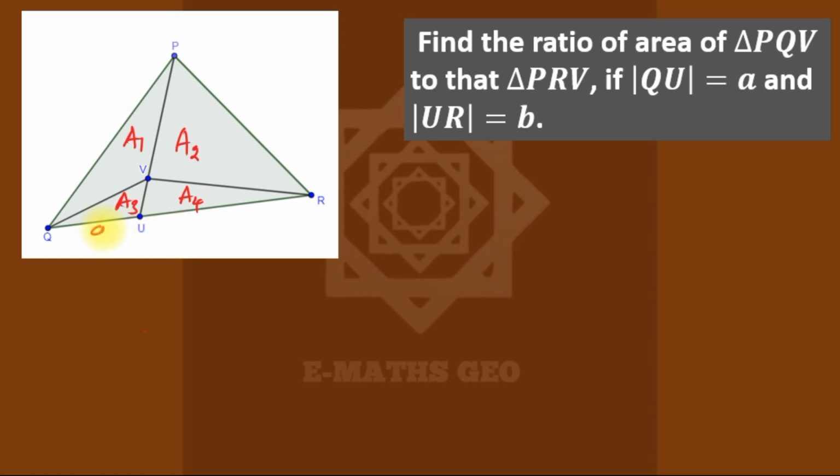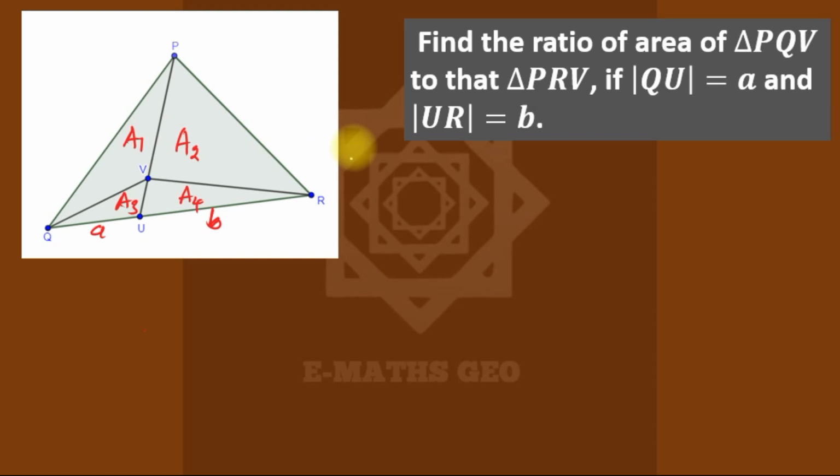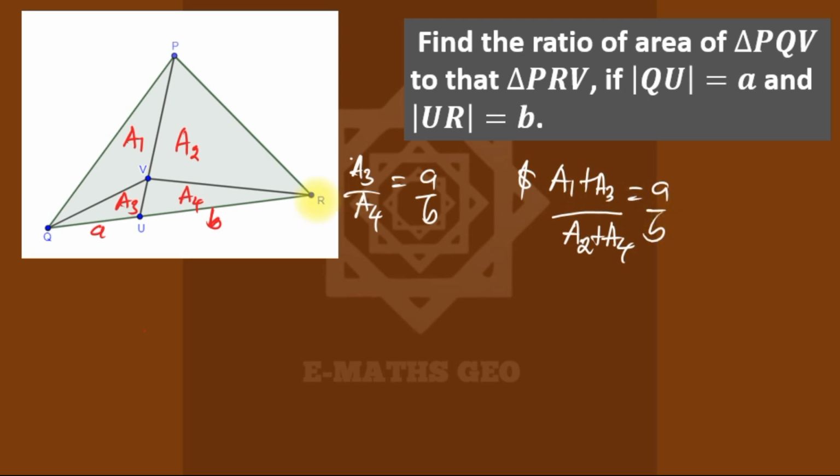The length here is A and the length here is B. From what we've done, A3 over A4 is A over B. And also, looking at the whole triangles, A1 plus A3, the triangle PQU, over A2 plus A4 will also be A over B, because it's now one triangle.